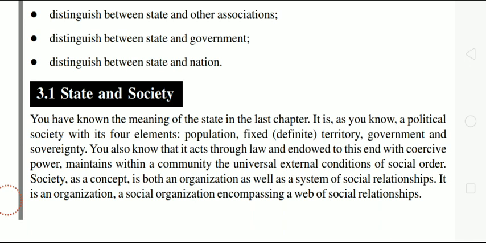You also know that it acts through law and, endowed with coercive power, maintains within a community the universal external conditions of social order. Society as a concept is both an organization as well as a system of social relationships. It is a social organization encompassing a web of social relationships.